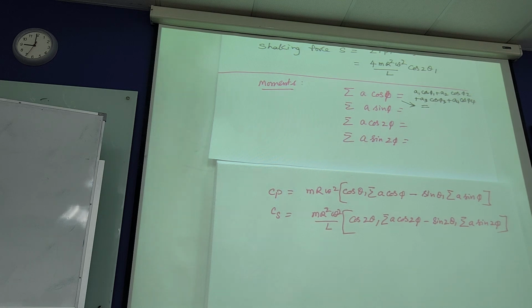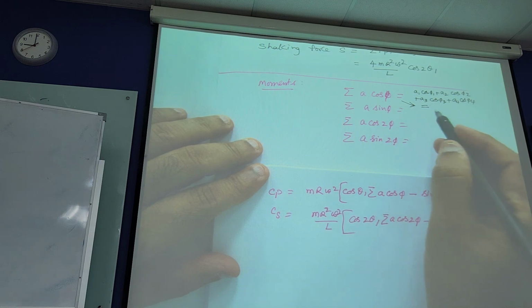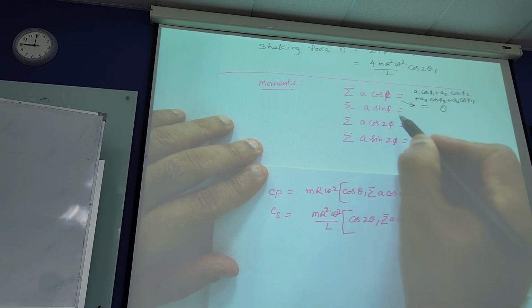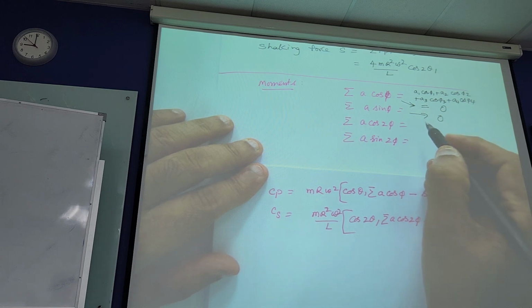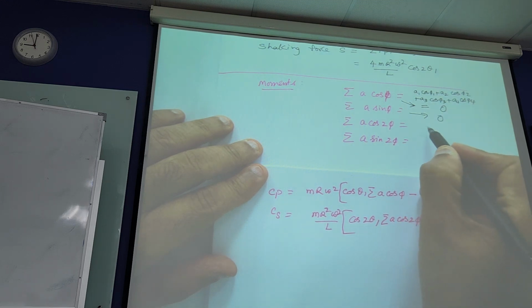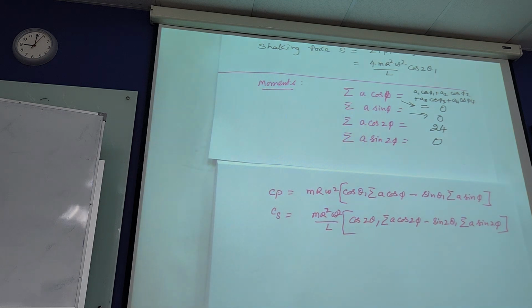So please give me the values for sum A cos phi. 0. Sum A sin phi. Also 0. A cosine 2 phi. How much? 24. It should be 24. So we will get 24. Sum of A sin 2 phi. 0. So then you can write what is CP. So CP will be 0.